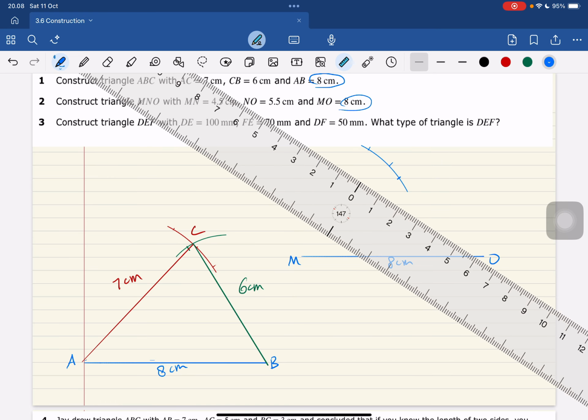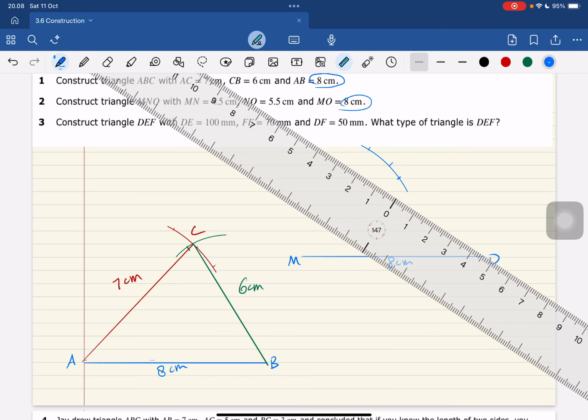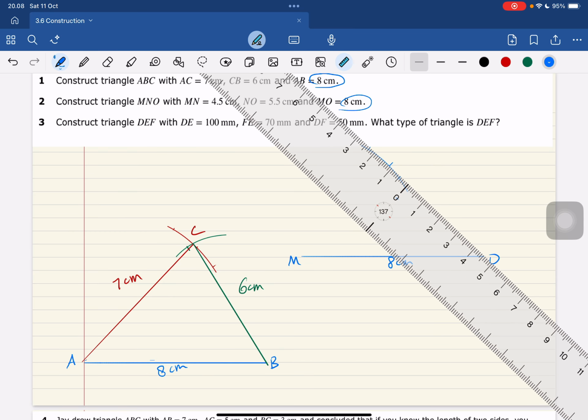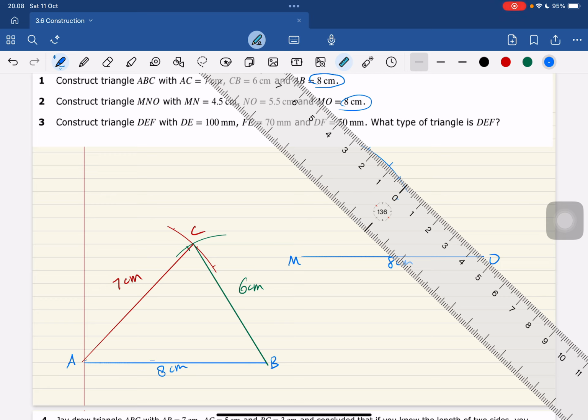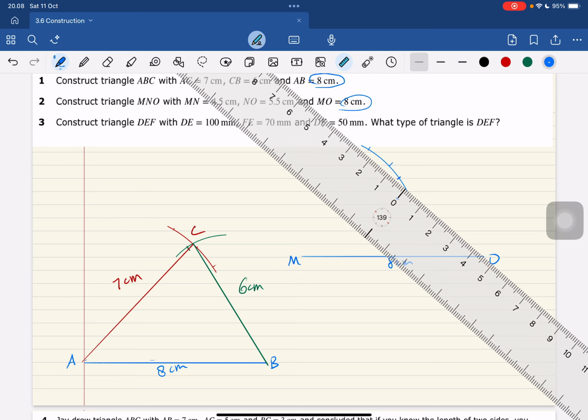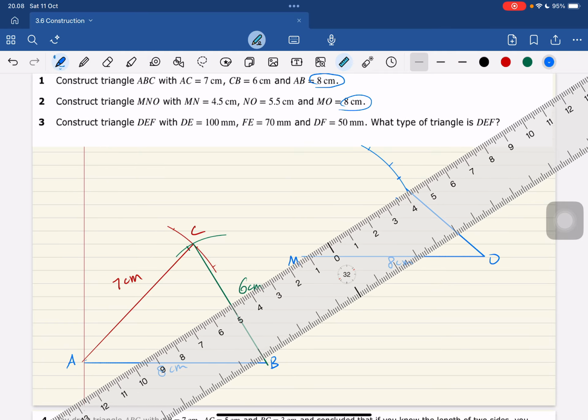Next is 4.5. So where is 4.5? Okay, we got it, I think here. They meet, so we can make it here, 4.5.